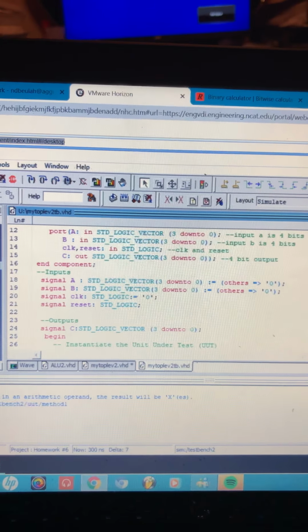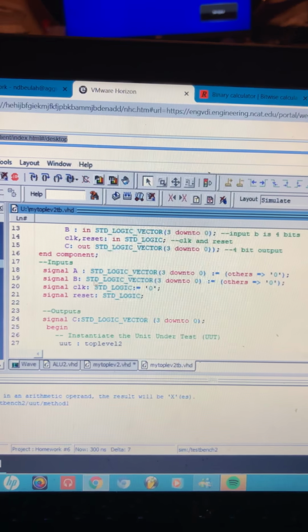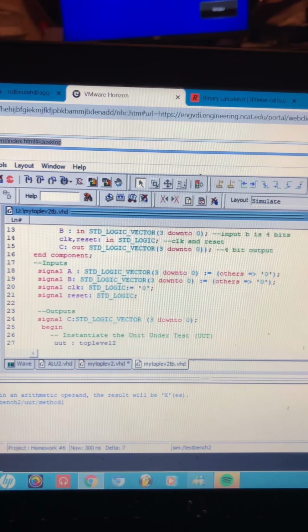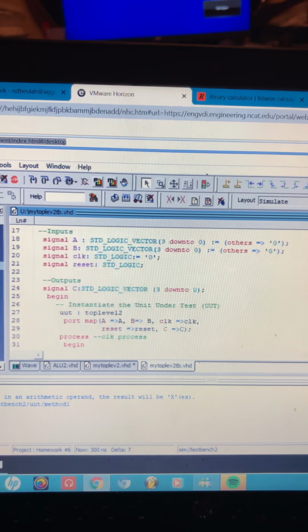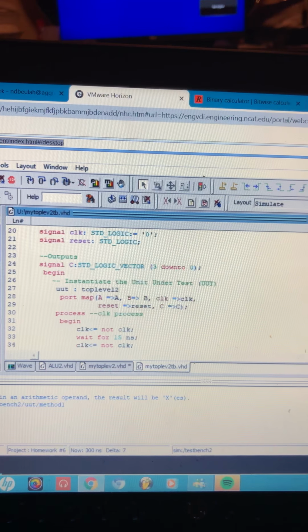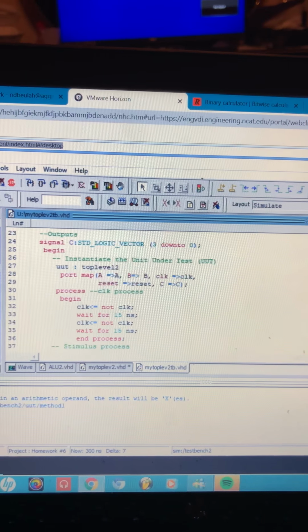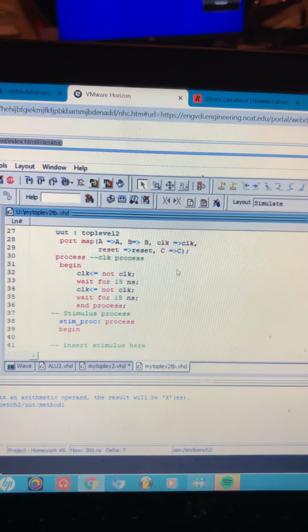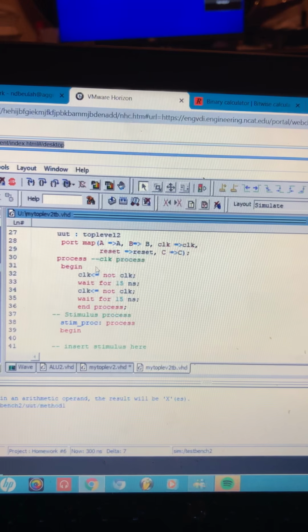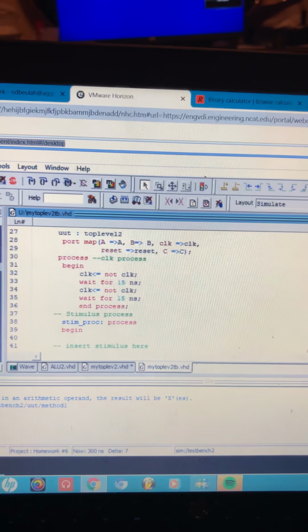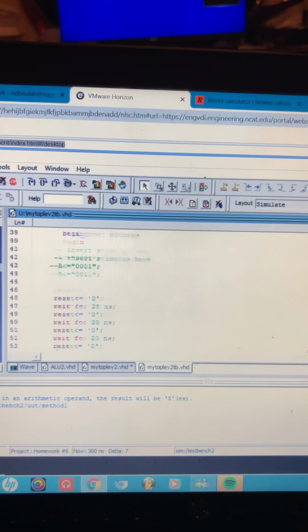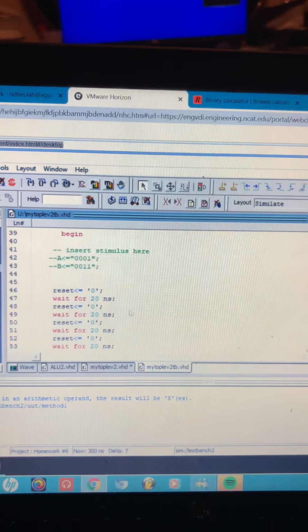I also list my inputs and outputs from my top level and set them all equal to 0. And then I instantiate my top level. And then I have a clock process. And I also have a reset process.